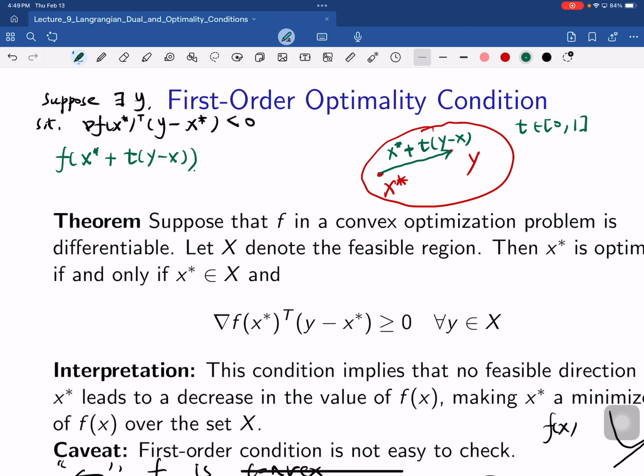This basically describes the function value when you move from x star to y.